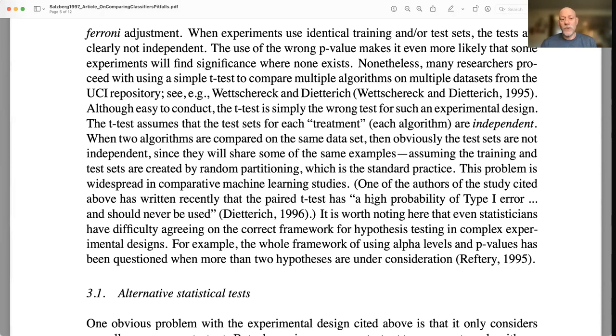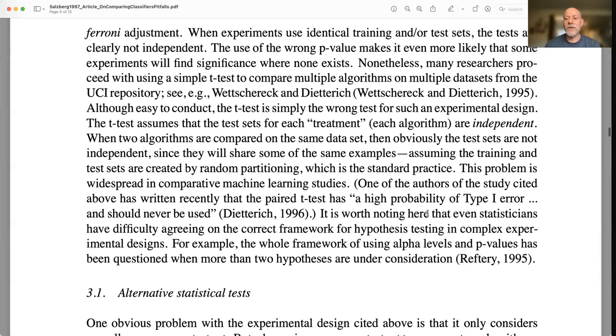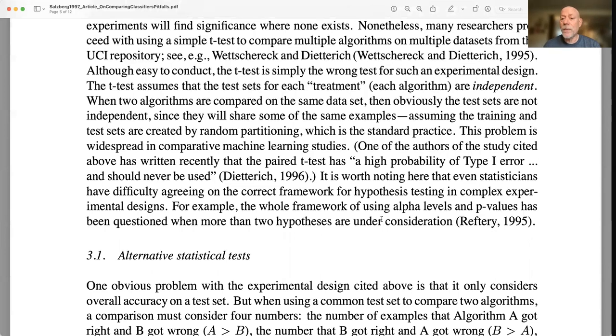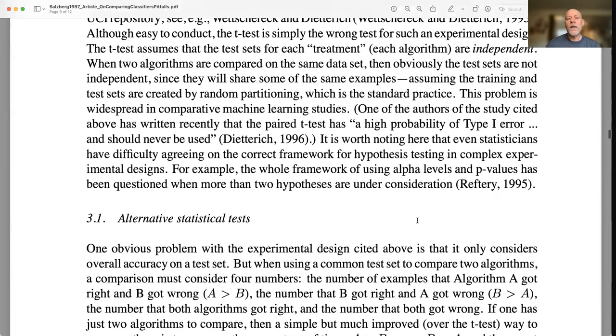The t-test assumes that the test sets for each "treatment," that is each algorithm, are independent. When two algorithms are compared on the same data set, then obviously the test sets are not independent since they will share some of the same examples, assuming the training and test sets are created by random partitioning, which is the standard practice. This problem is widespread in comparative machine learning studies.